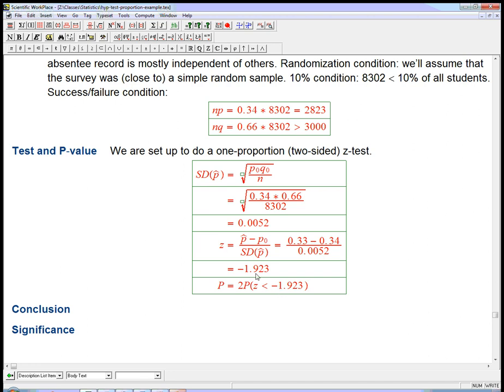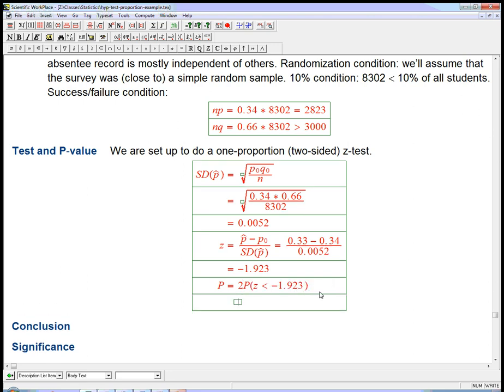We've got a normal distribution, and we're thinking, what's this p without the 2 here? This would give the probability that in a random normal distribution process, I would have a z value less than minus 1.923. I would be to the left of the middle, the mean, by more than about 2 standard deviations. We double it to also include the possibility that it's more.